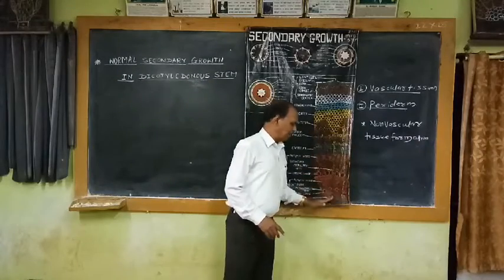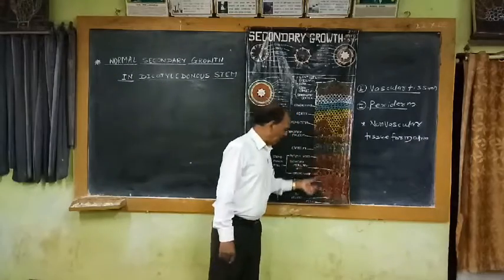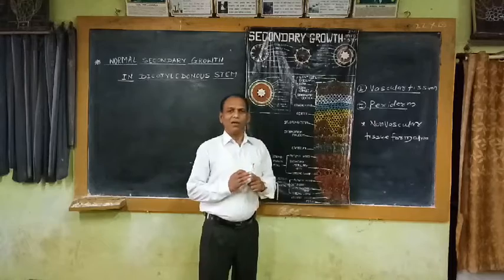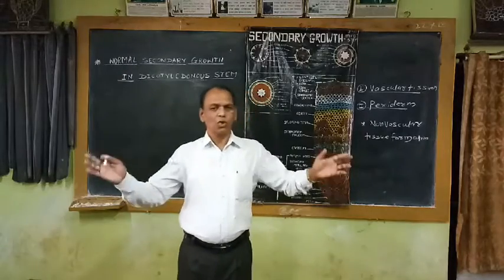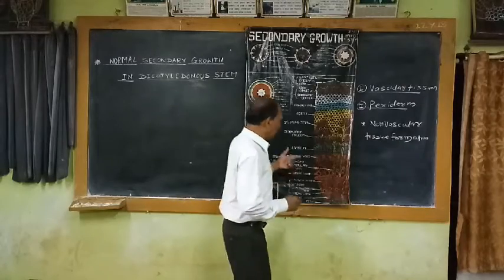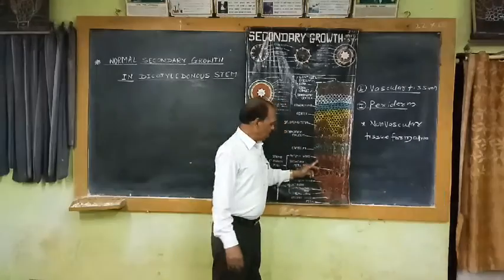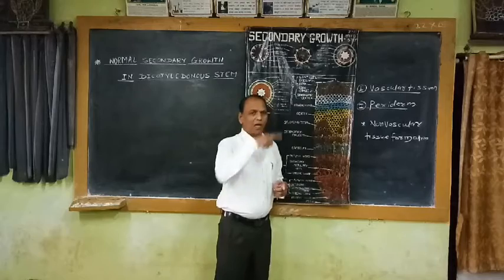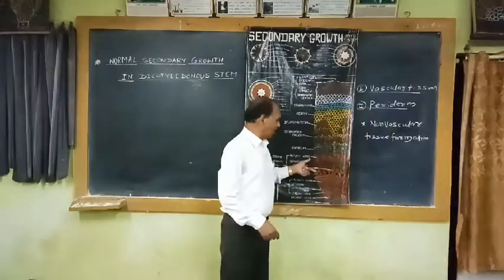So if we measure such bands by taking a section of the wood of huge tall trees, if we observe the wooden pieces in the sawmills, we can observe the brown color bands or rings. So these rings are nothing but the annual rings.